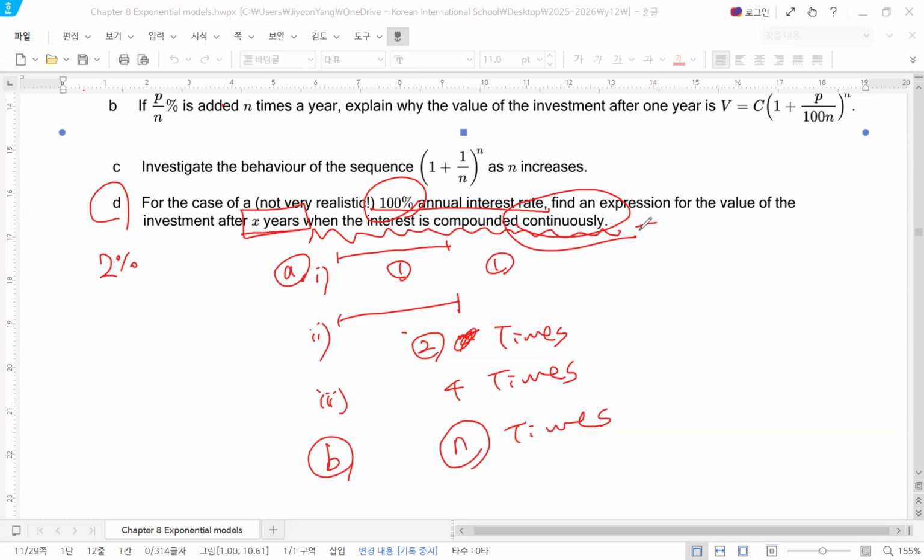So this expression, we can interpret mathematically as n goes to infinity, from B. So therefore, let's start from B. C(1 + P/100n)^n was the answer from B, right?